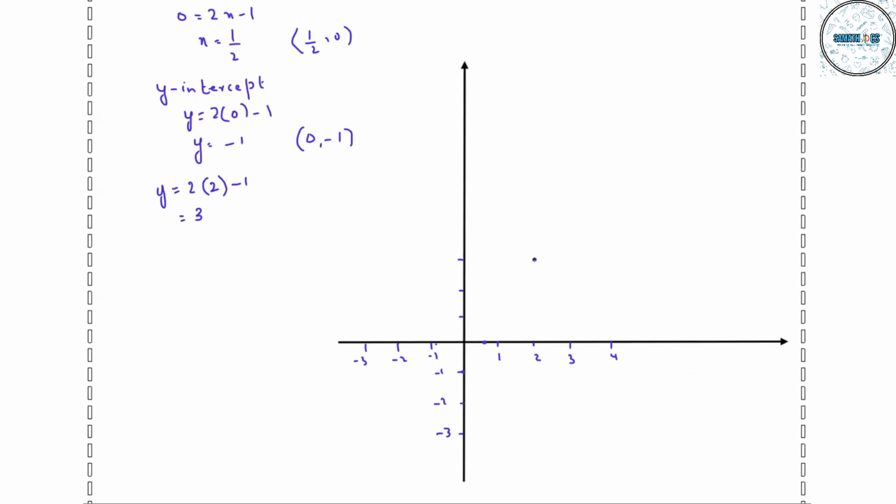Now we can easily draw the graph. So this is the graph of y is equal to 2x minus 1. This is x-axis and this is y-axis.